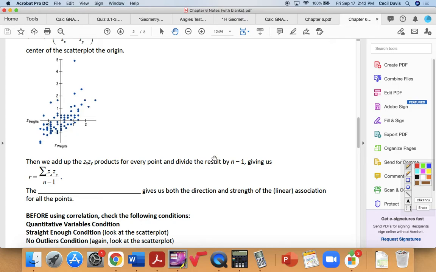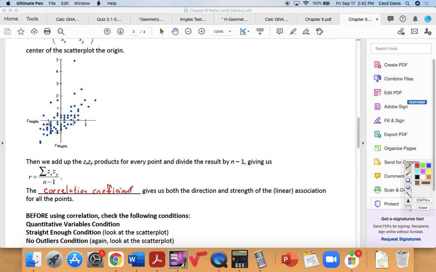It just works out better. So this number, you've actually used this number before, maybe even as early as Algebra 1. This is the correlation coefficient. And we always use R for the correlation coefficient.